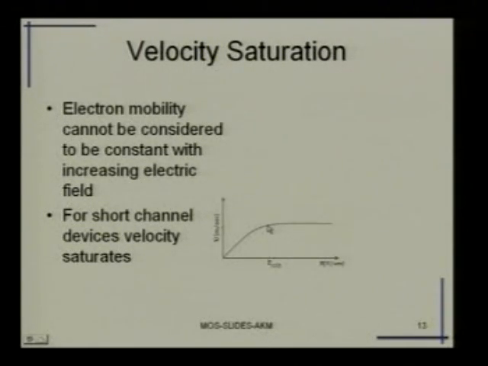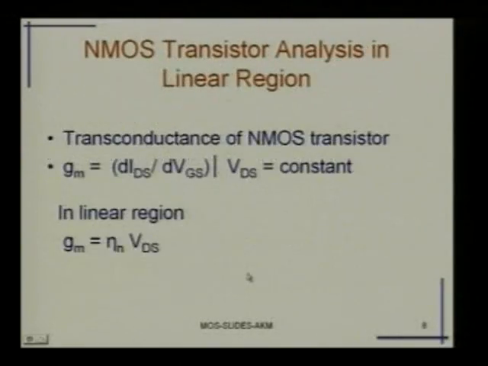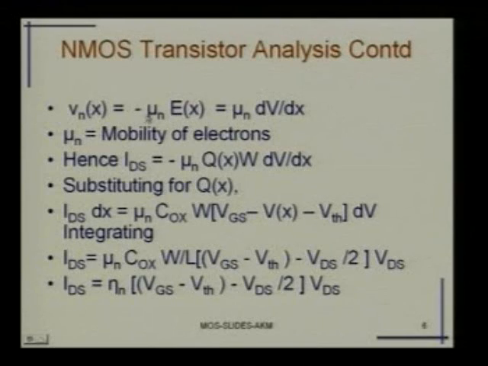What we were assuming is that the velocity of the electrons was increasing linearly with the electric field. If you remember the equations, it was increasing linearly. That means mobility was constant, and the electrons were getting a velocity proportional to the electric field. I think you have seen the derivations of this equation here.